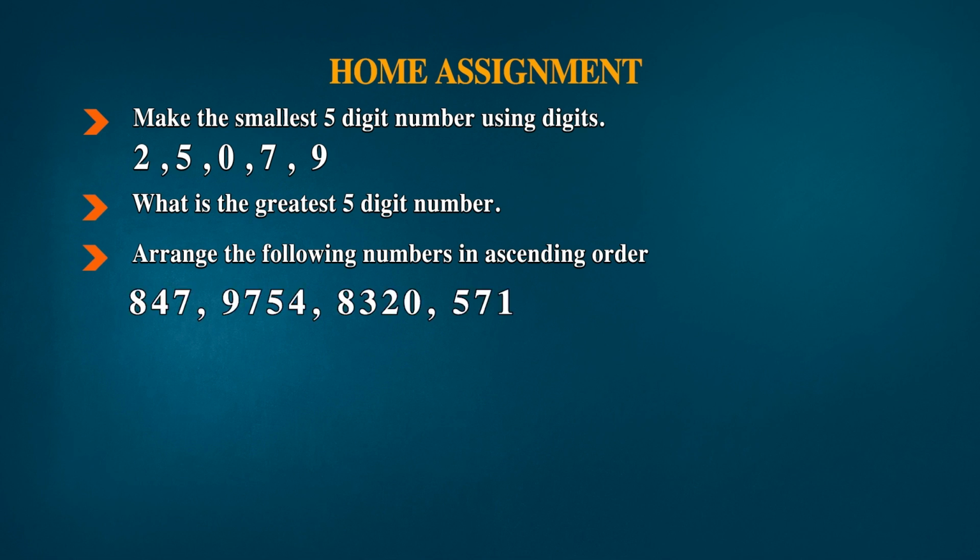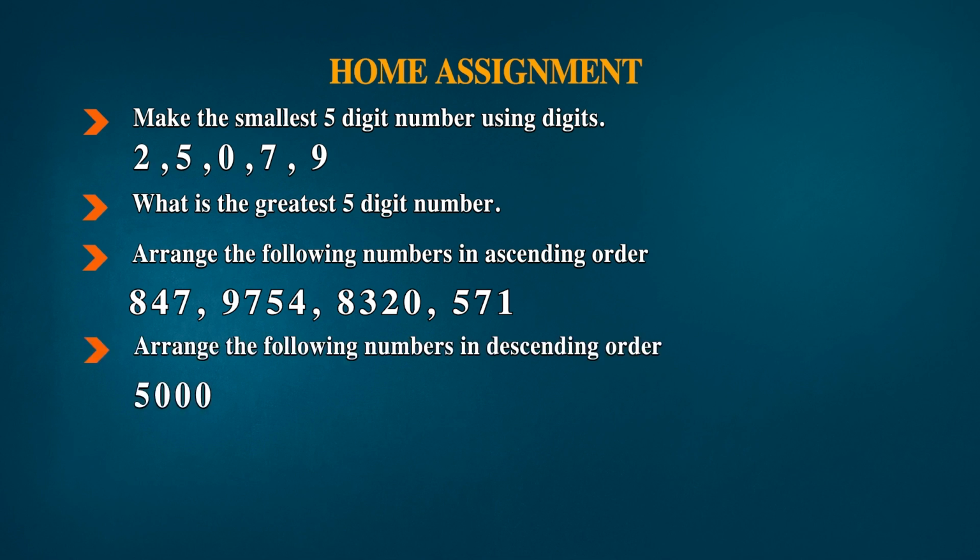Numbers are 847, 9754, 8320 and 571. Question number 4 is, arrange the following numbers in descending order: 5000, 7500, 85400, 7861.